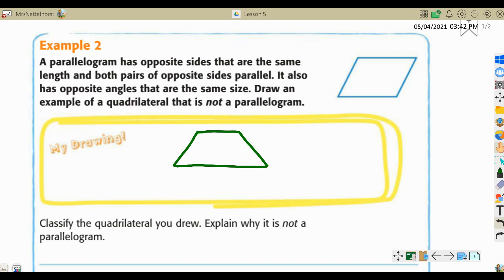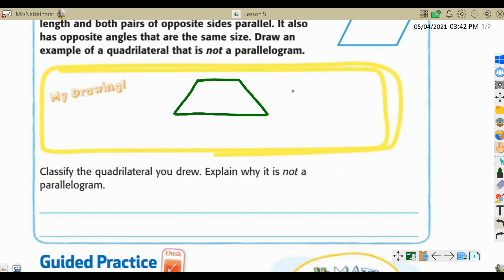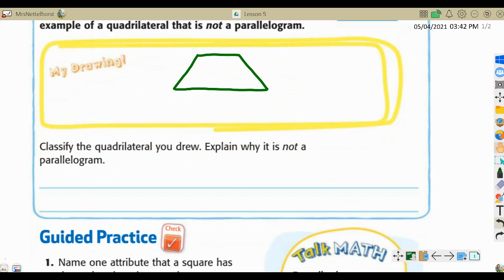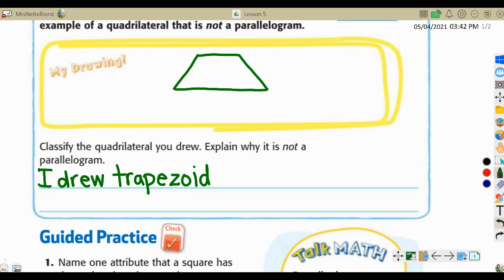Why is it not a parallelogram? Well, okay, I drew a trapezoid, because, now I'm explaining why it is not a parallelogram.